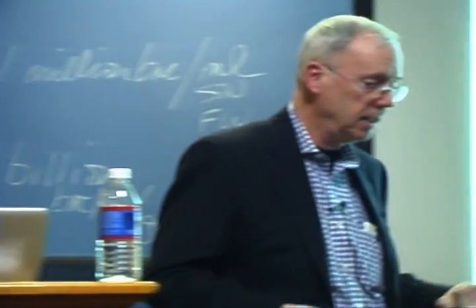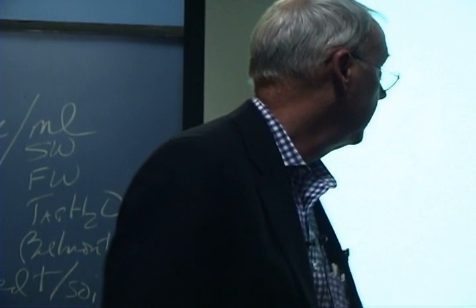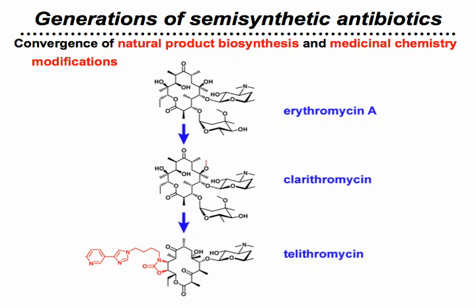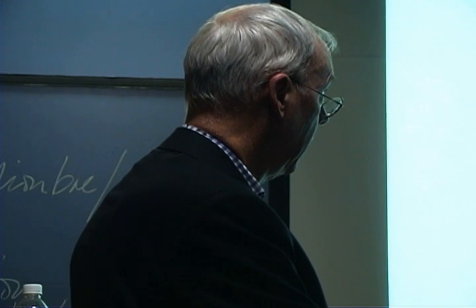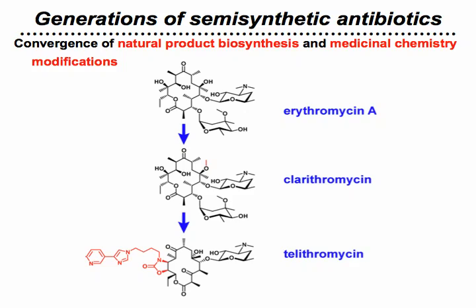If we were talking about erythromycin, this protein synthesis inhibitor, here's the natural product isolated in the 50s. It's got a 14-membered macrolactone ring and 2 sugars. The second generation involved a simple change at this hydroxyl to methylate it. That's the Abbott drug Biaxin.